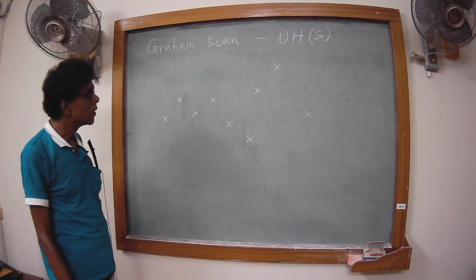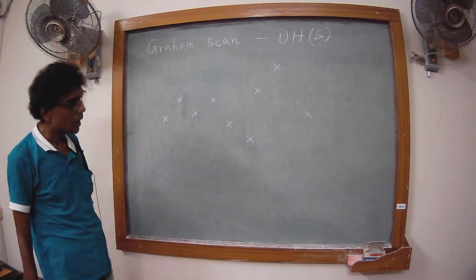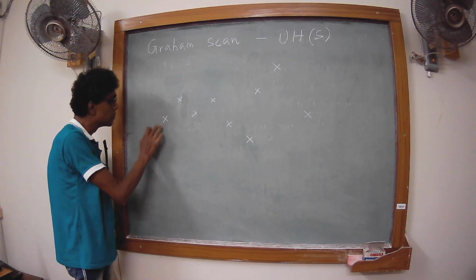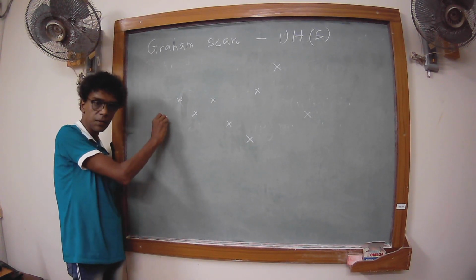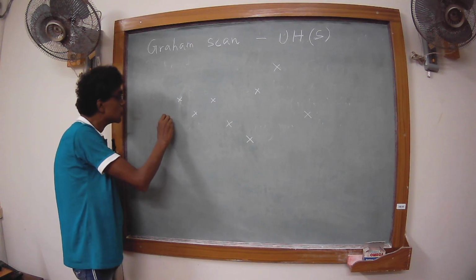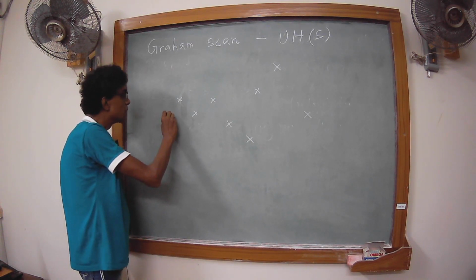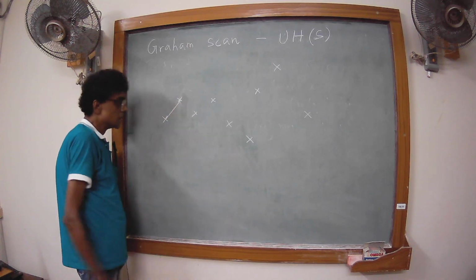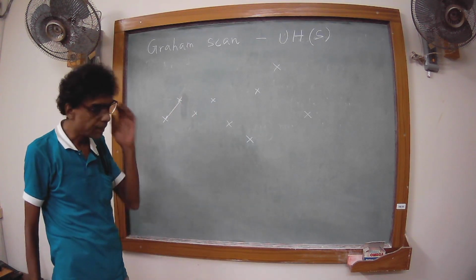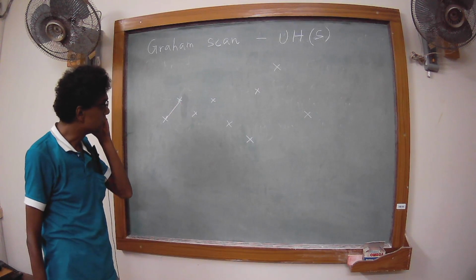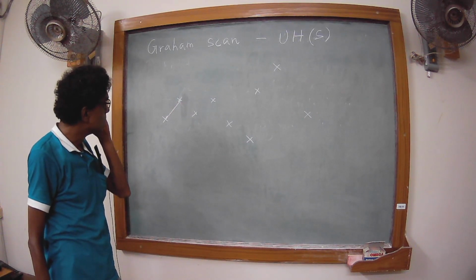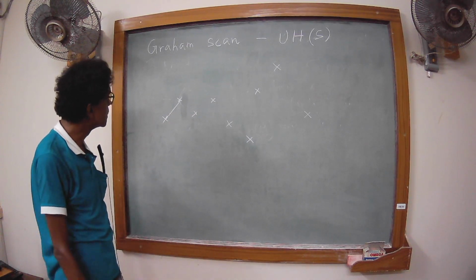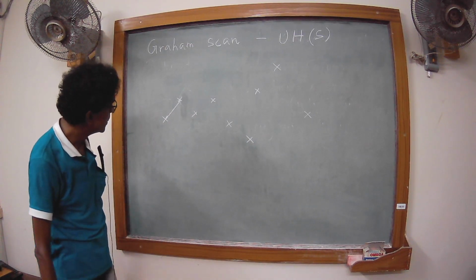So I will construct only the upper hull. This point must be there because it is the leftmost point. So I start with this, and to start with I will just join the point with the second smallest x coordinate.